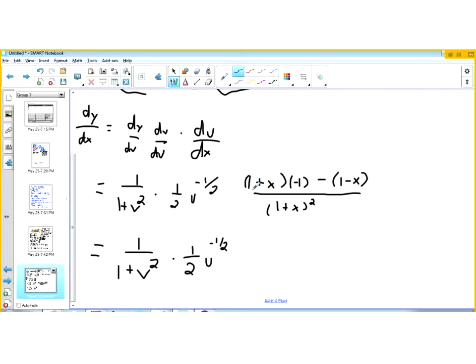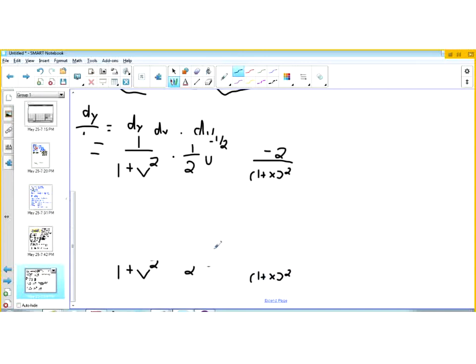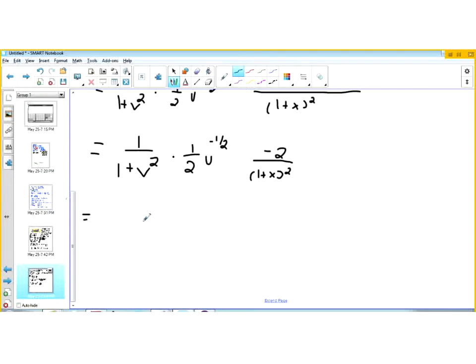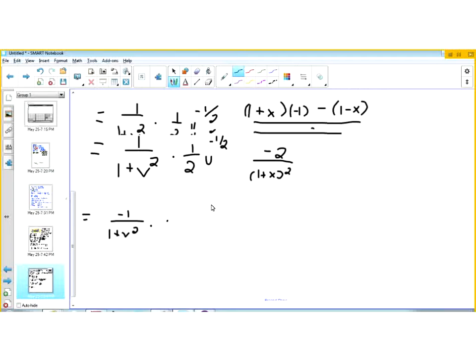This would be negative 1, that would be negative 2 in the numerator, over (1 plus x) quantity squared. And so this would equal 1 over 1 plus v squared times, the 1/2 and the negative 2 cancel out, so that would be negative 1.